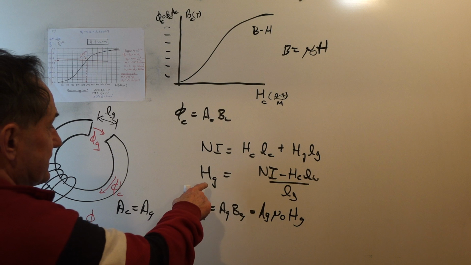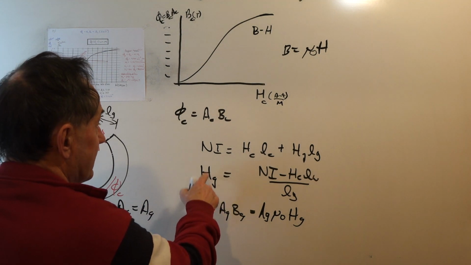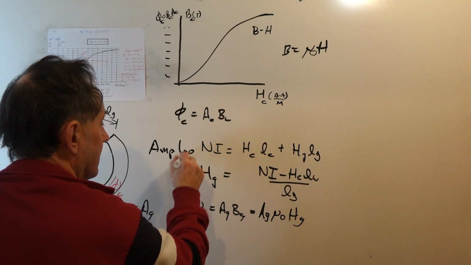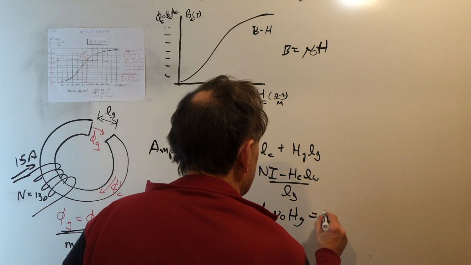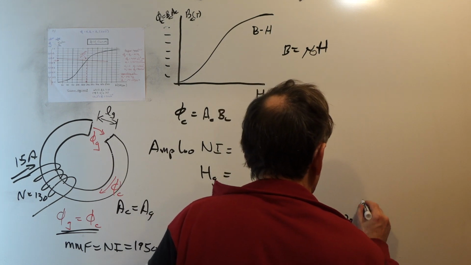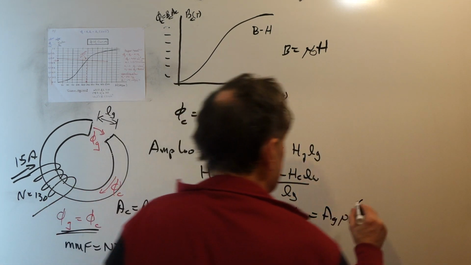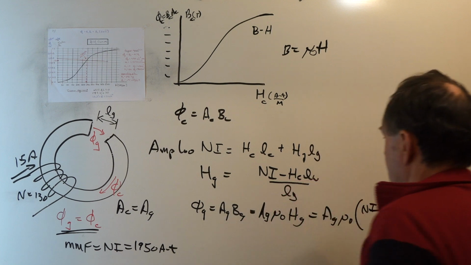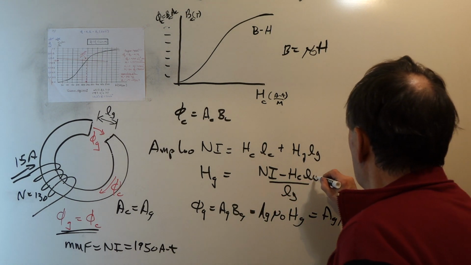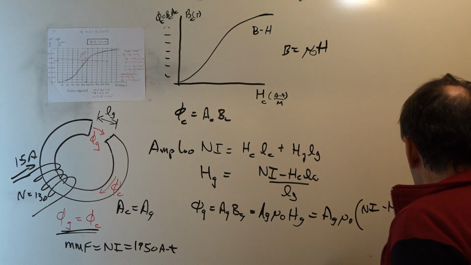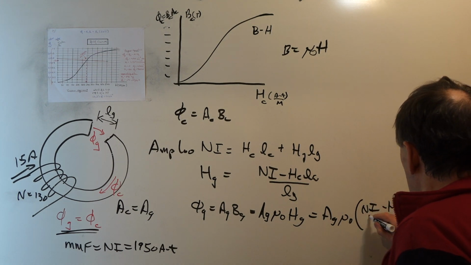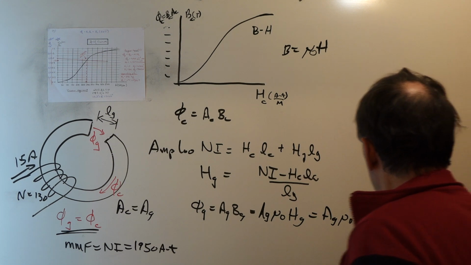Now, we substitute in our H in the gap from Ampere's law into this expression. So we've got area of the gap times mu zero times this quantity, Ni minus HC LC, divided by the length of the gap.